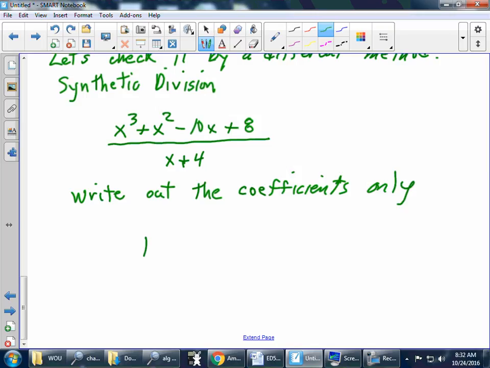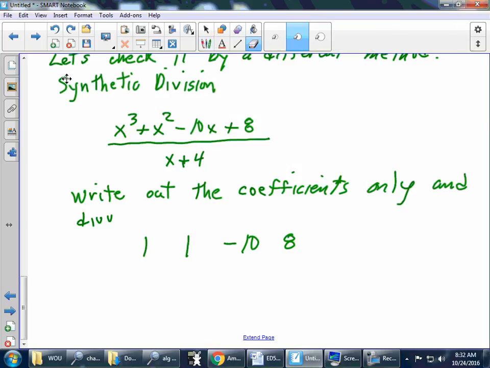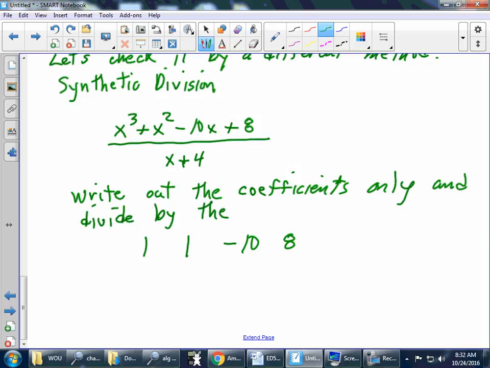What's the x squared coefficient? 1. Negative 10 and 8, and divide by the root.